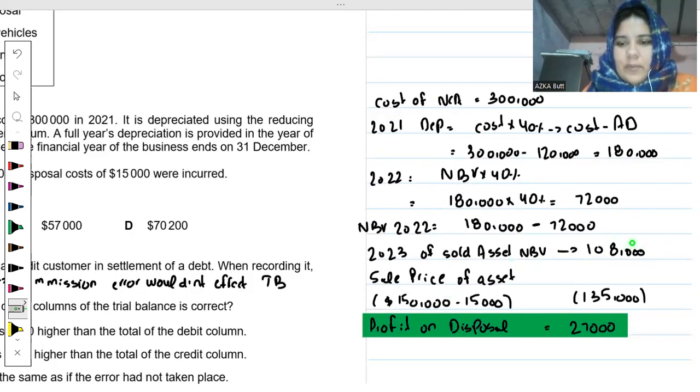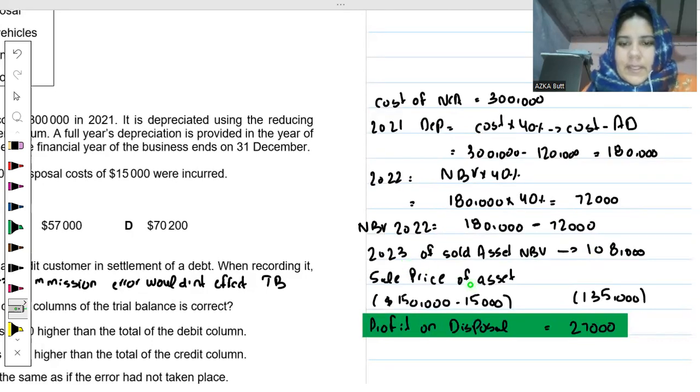This is the net book value in 2023, but we sell this asset in 2023, and the examiner is saying that you should not record any depreciation in the year of sale. So we just need to find out its net book value, and we are not applying the depreciation rate in 2023.